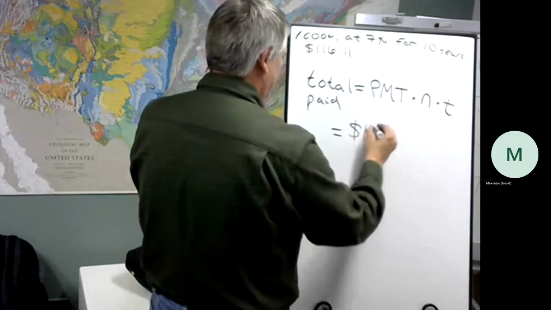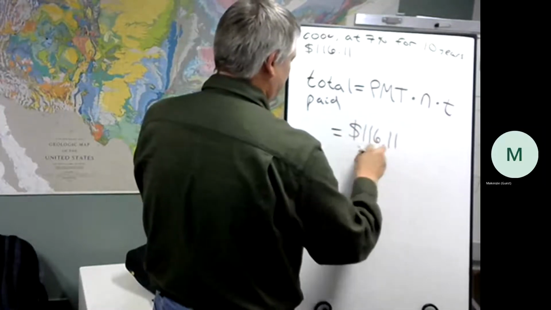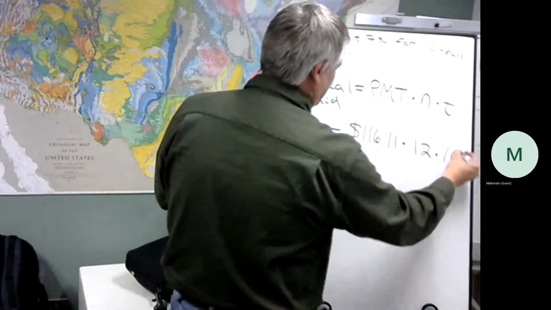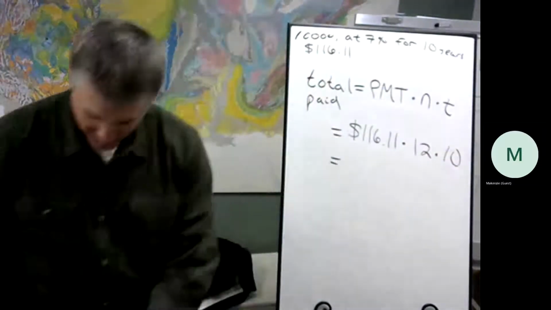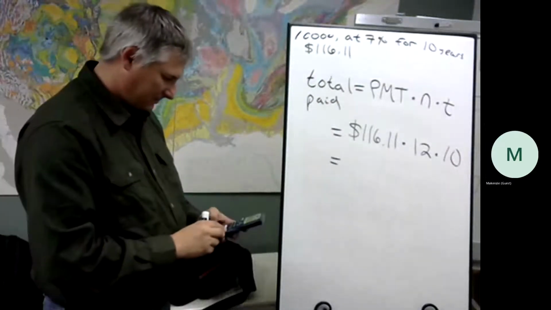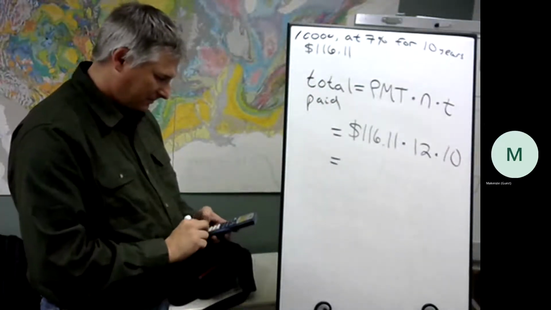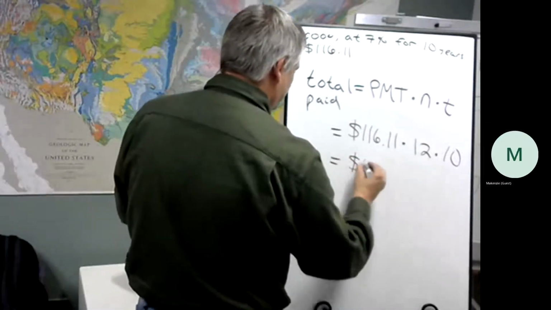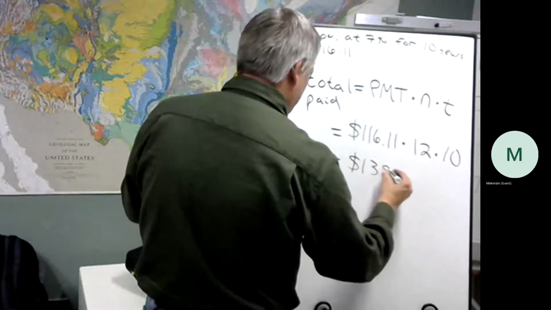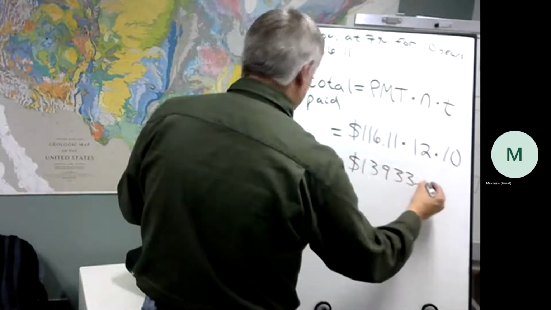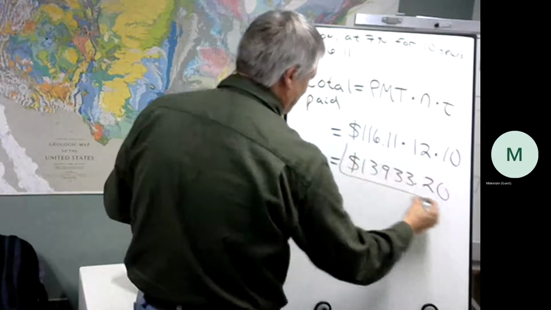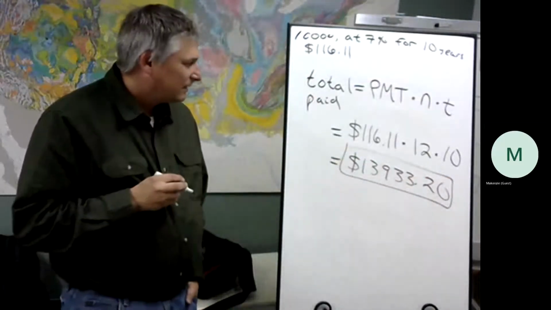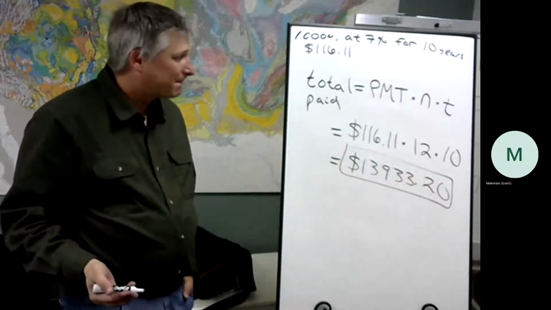Or 116.11 times 12 times 10. And so what you end up getting is $13,933.20. So that's how much you pay over 10 years.